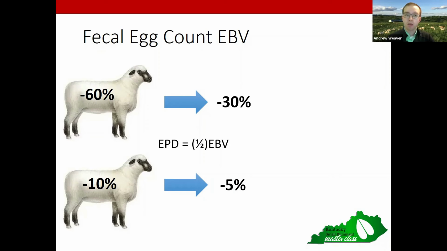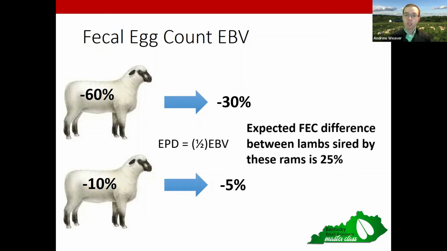The progeny of the ram on the bottom would be negative 5%. Remember that EPD is equivalent to 1/2 of the EBV. So if we were to mate these two rams to the same set of ewes, we would expect the fecal egg count difference between the progeny of these two rams to be about 25%. So by utilizing the ram on the top, I can lower fecal egg count by about 25% in the offspring versus using the ram on the bottom.